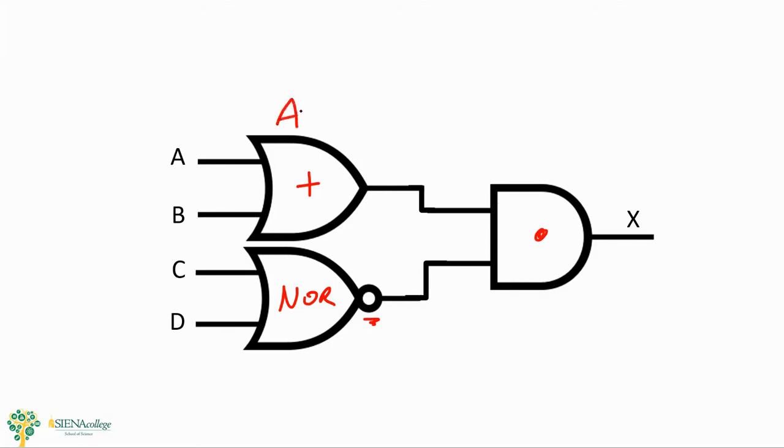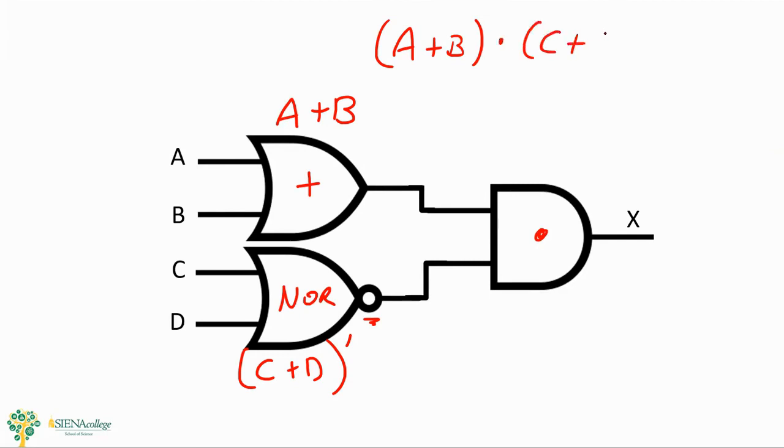So this gate is A or B. This gate is C or D, but it's negated. We're going to take the output of those two and AND them. So we have A or B as one expression, and we're going to AND it with C or D not. Or, a NOR ANDed together.